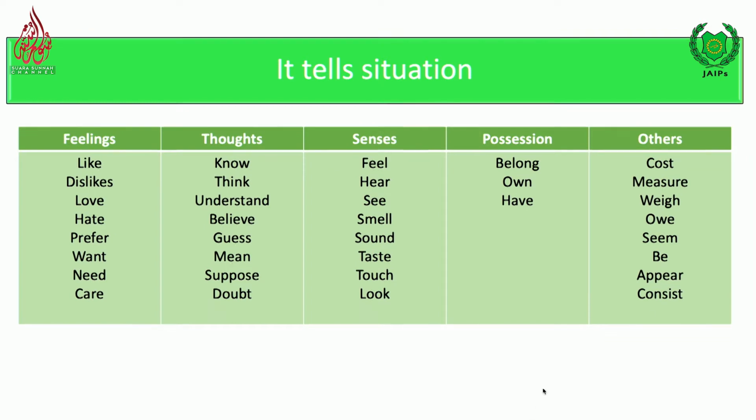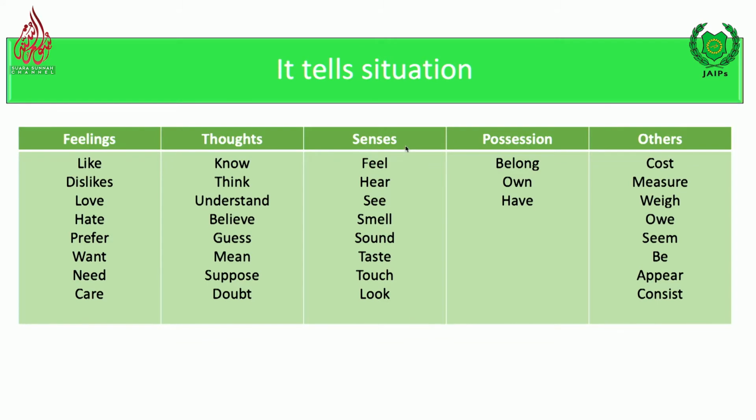As you can see on the screen, here are some examples. We have feelings: like, dislike, love, hate, prefer, want, need, care. And for your thoughts, pemikiran kamu, we have know, think, understand, believe, guess, mean, suppose, doubt.